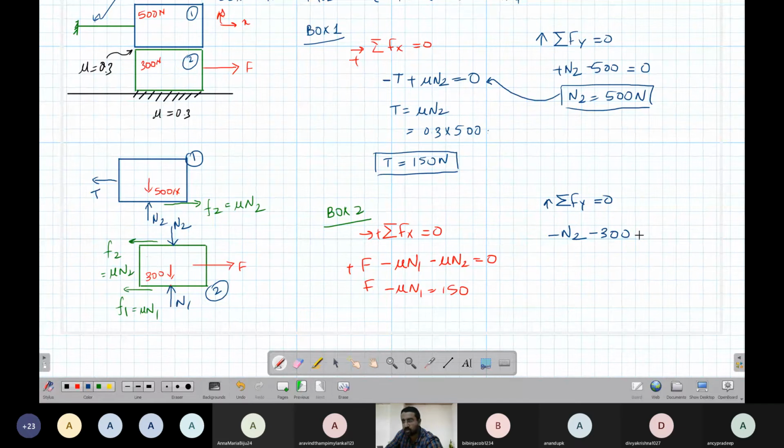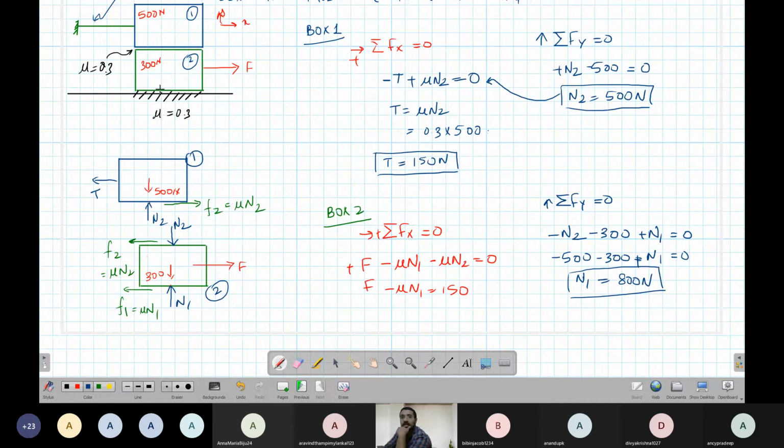There is an N1 which is upward, plus N1 equal to 0. Is there any other force? Any other forces missed out? No. Now we know the value of N2, minus 500. So minus 500 minus 300 plus N1 equals 0. So N1 equals 800 Newton.